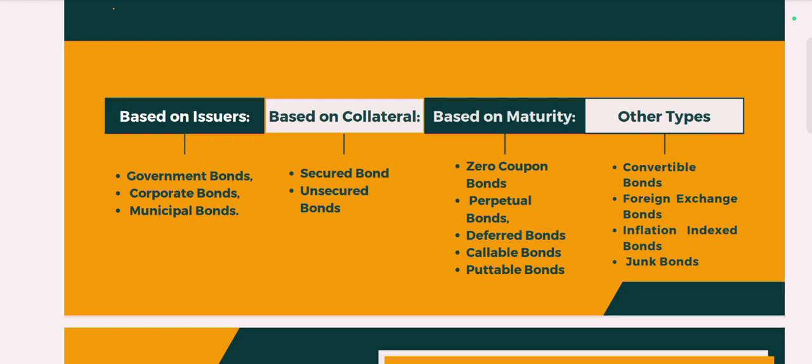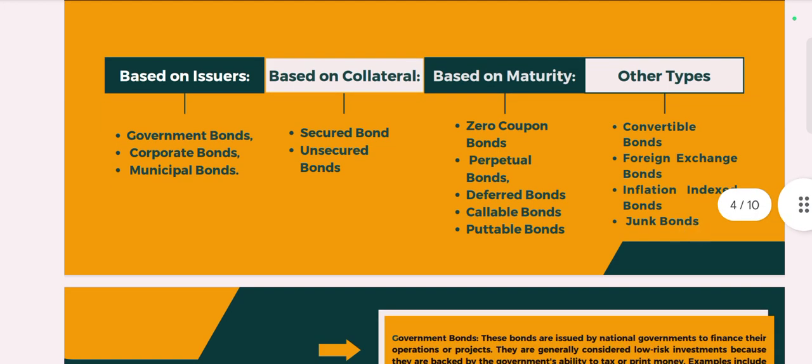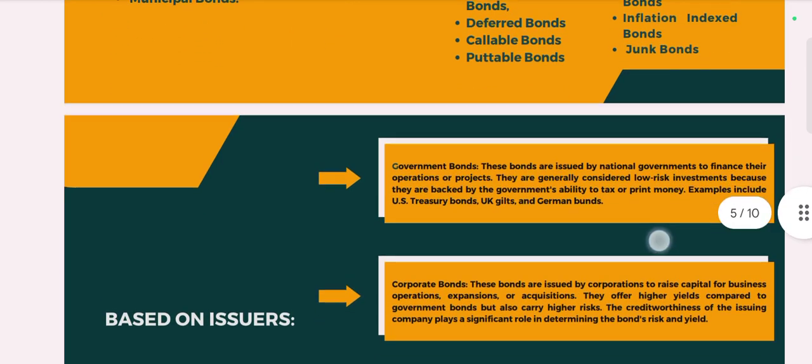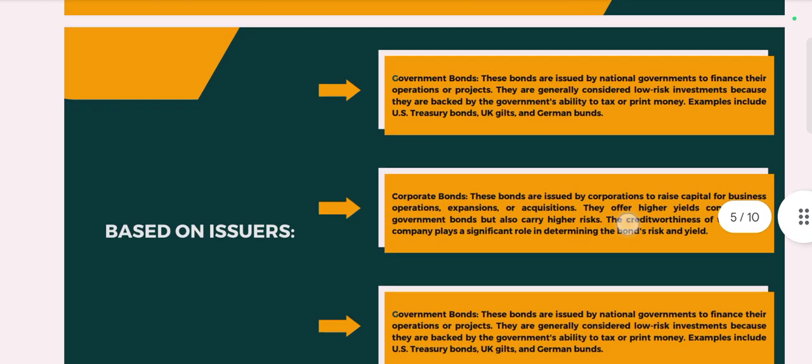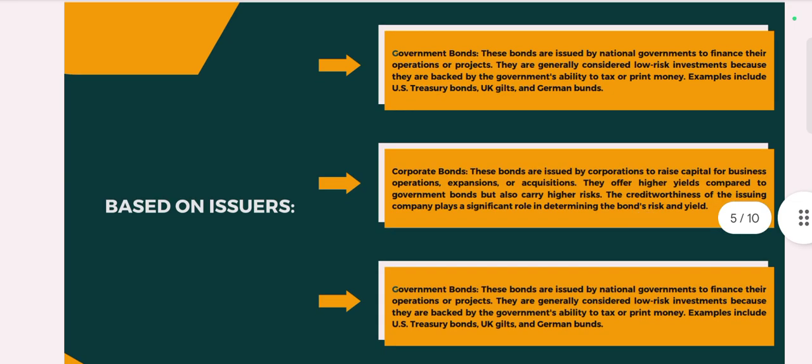And other types: convertible bonds, foreign exchange bonds, inflation indexed bonds and junk bonds. These are the types of bonds. Next, let's see one by one in deeper detail. So first is based on issuer.